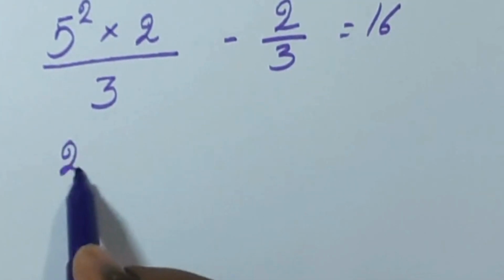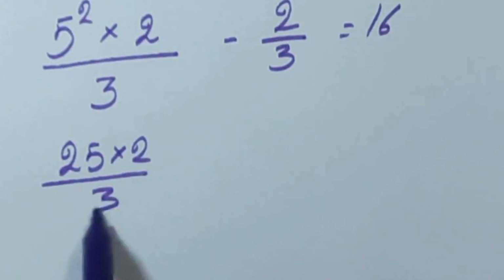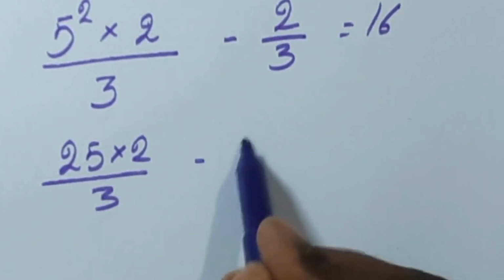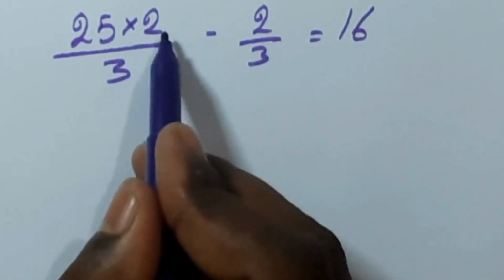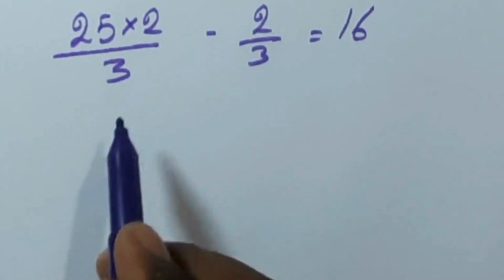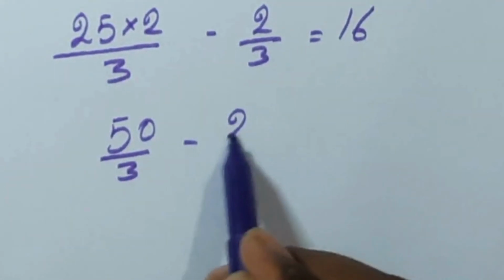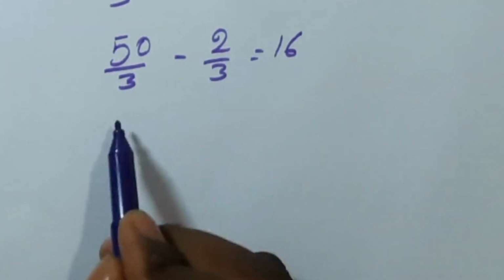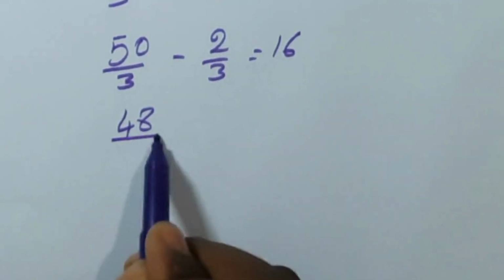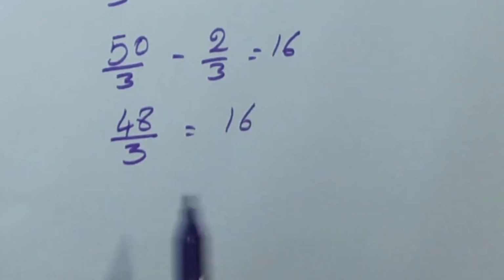5 square is 25 times of 2 by 3 minus 2 by 3 equal to 16. 25 times of 2 is 50 by 3 minus 2 by 3. 50 minus 2 is 48 by 3 equal to 16.